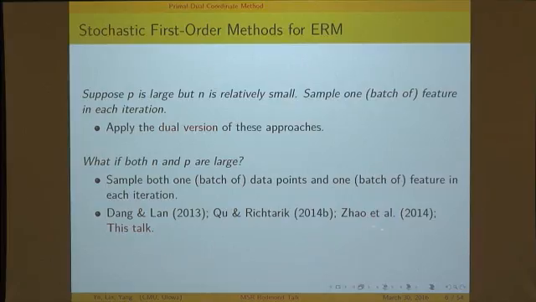But what if both n and p are large? A natural solution is to sample one data point and one feature in each iteration. There are a few previous works on this line, and this talk also falls in this category.